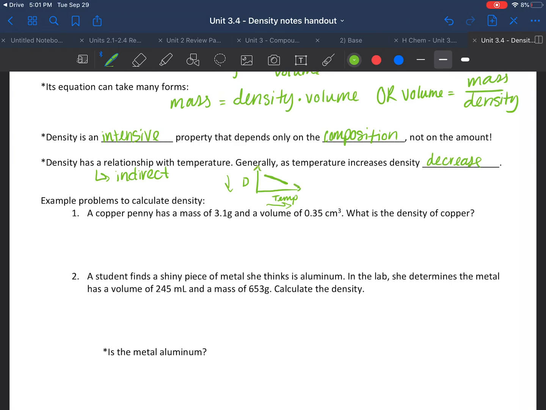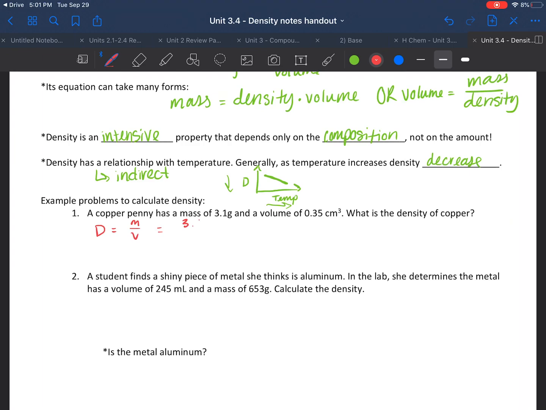And so let's start with some example problems to calculate density. The first example problem says a copper penny has a mass of 3.1 grams and a volume of 0.35 centimeters cubed. What is the density of copper? We first have to remember that our density is equal to mass over volume.